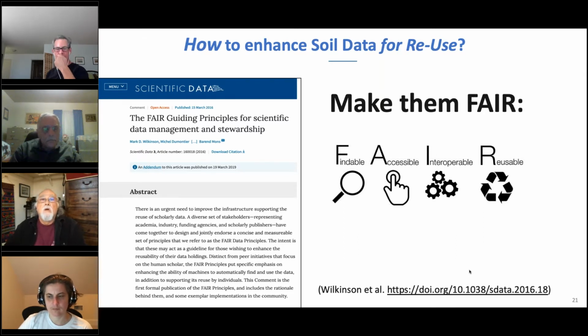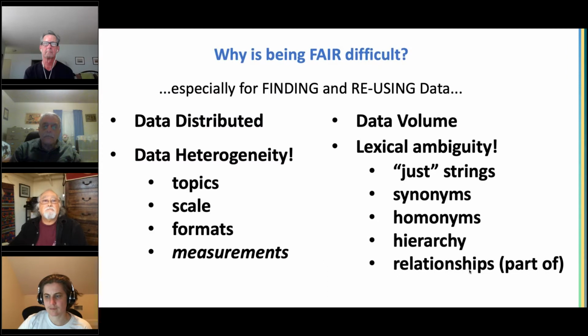Some of you potentially have heard about them. FAIR is an acronym standing for findable, accessible, interoperable, reusable. It was this paper by Wilkinson et al., and you can see it's principles for scientific data management and stewardship. And it's really about this idea of how do we make data more findable, accessible, interoperable, reusable?